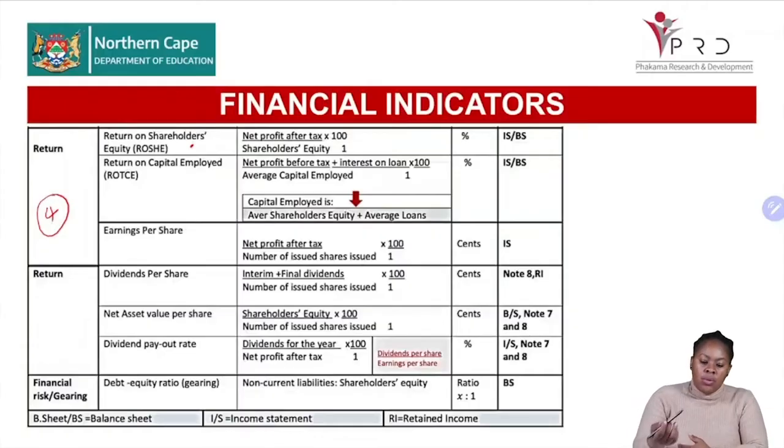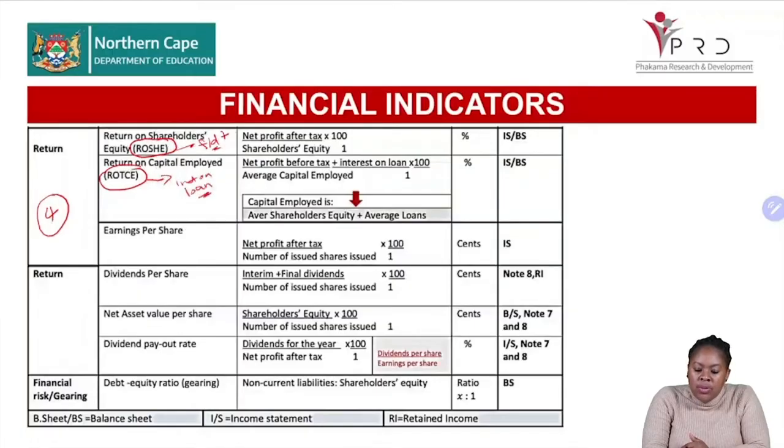Then we've got our ROTCE. Please remember the difference between the two. The ROSHE we compared with the interest on fixed deposit or other investments. That is the interest that we earn. And then the ROTCE is the one that is relative to our interest on loan. And obviously, this is the interest that we actually pay. So that is the difference between the two.